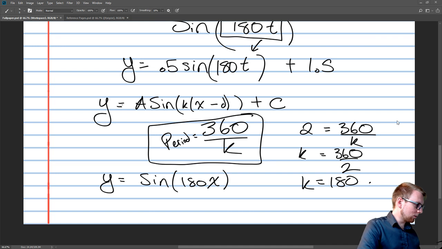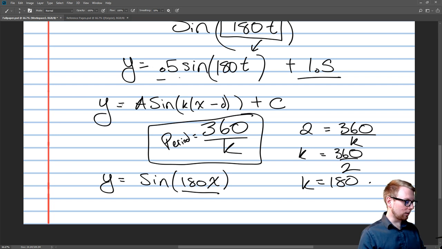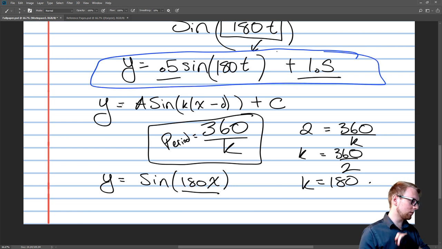Okay, so this last part, determine the equation. Well, we've got the period change is 180 times x. We've got the shift. We've got the amplitude. All we needed was that 180 times t. So there's our equation. y equals 0.5 sine 180 times t, because t is our x-axis.